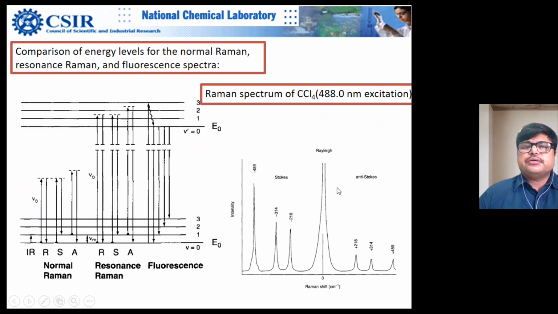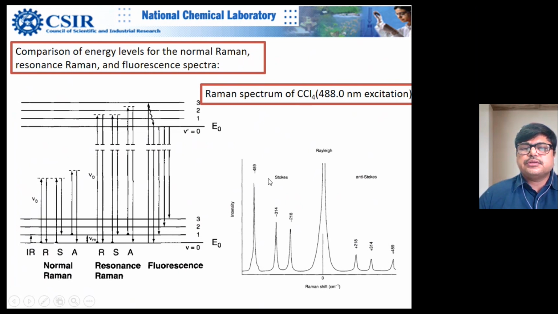Here, for example, for CCl4 with 488 nm excitation, is an example of how a typical Raman spectrum may look. You get a very significant Rayleigh signal. This is not to scale, but it is cut here because the intensity is too high in comparison to the feeble intensity of Raman.